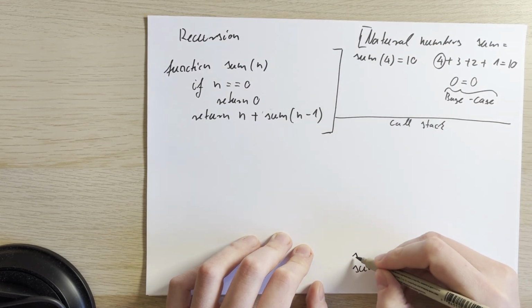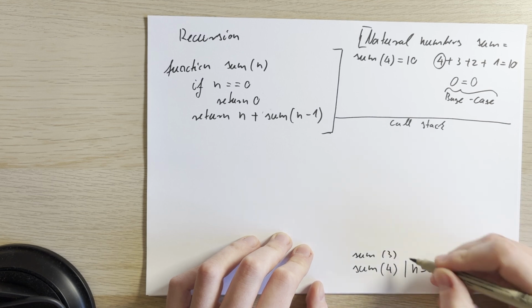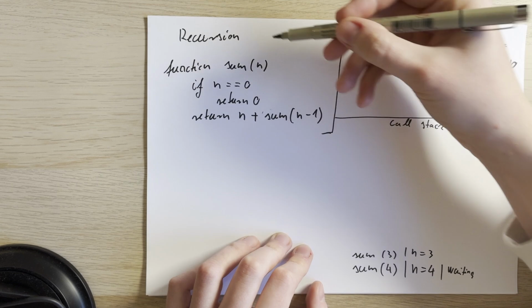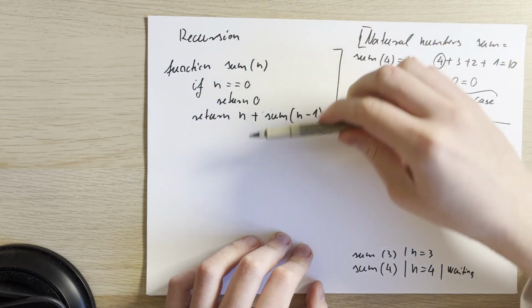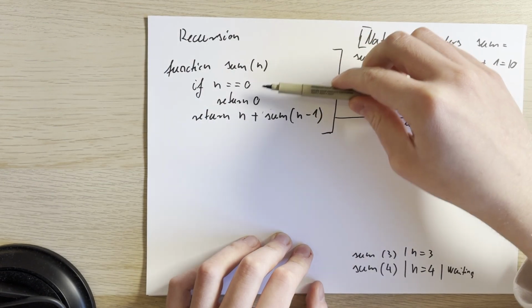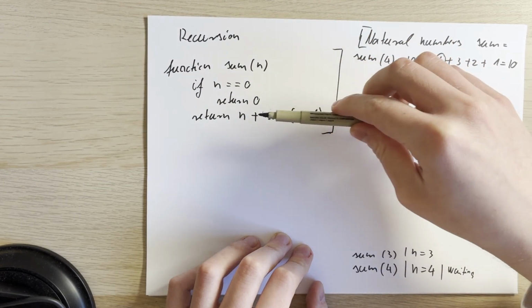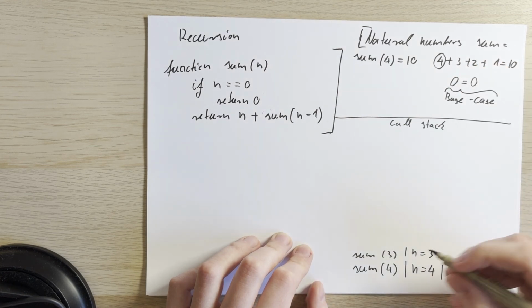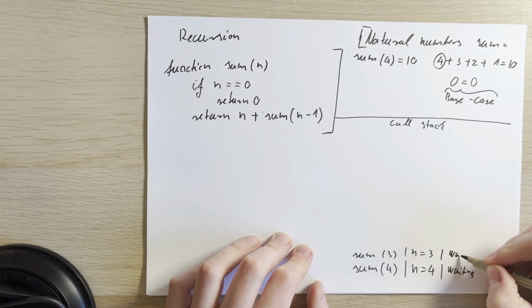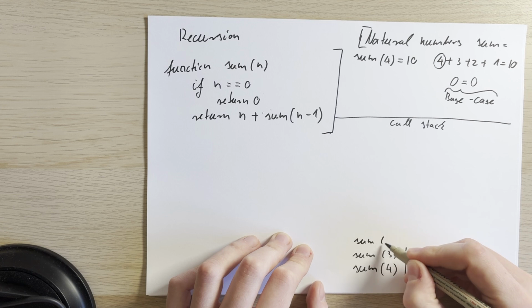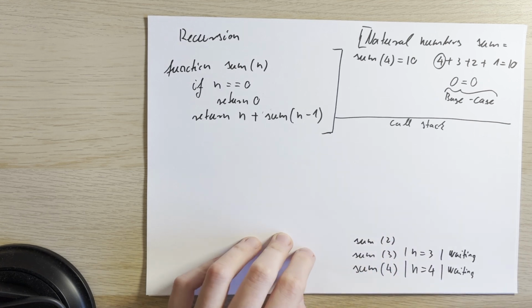The next call, sum 3. n is 3, and we go through the same execution. If n equals 0, it evaluates to false, and it's going to return n plus sum of n minus 1. This is waiting, and it will have sum 2.